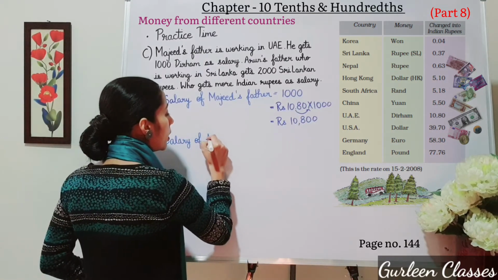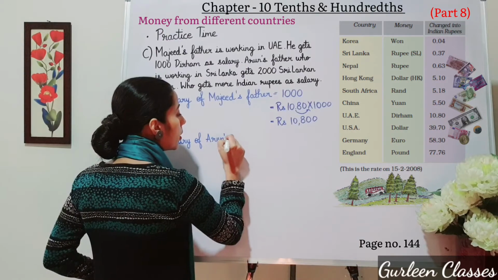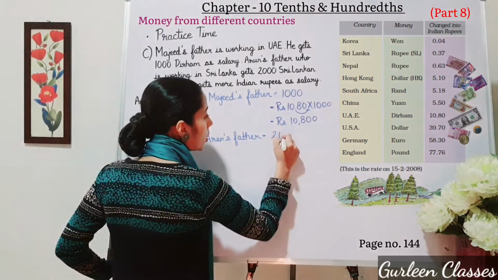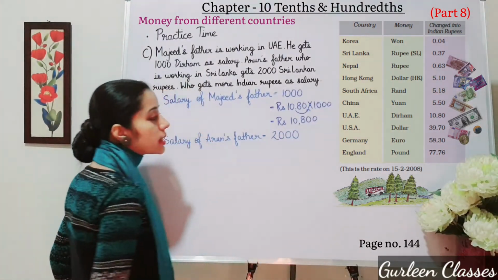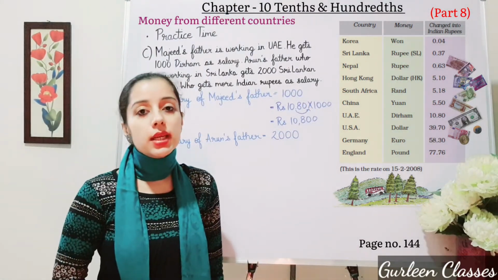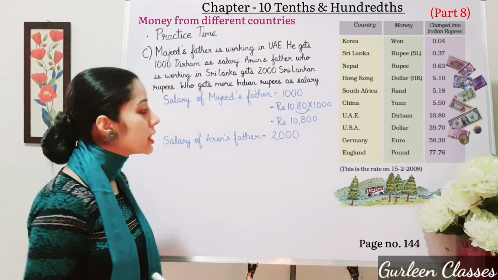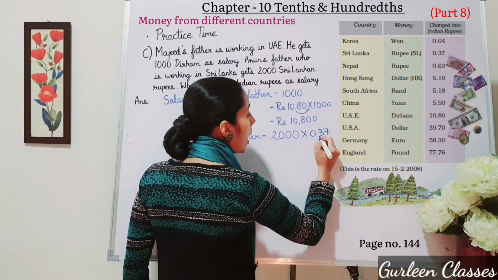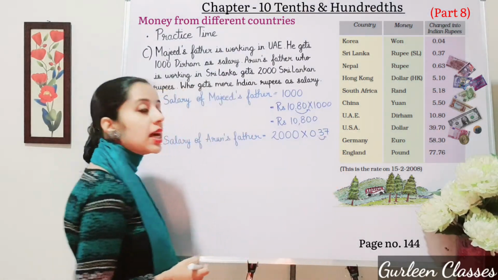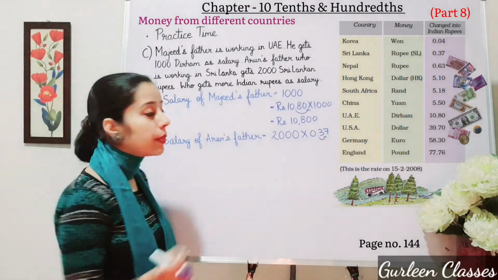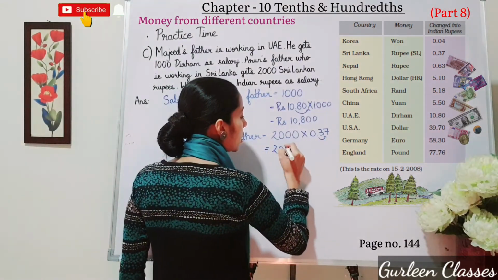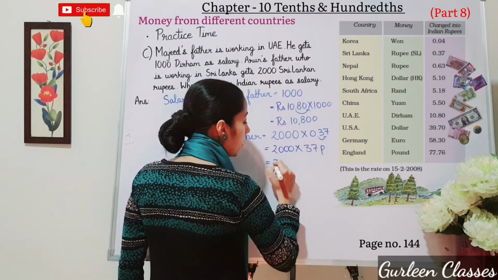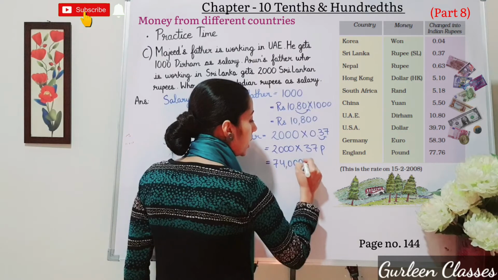Now Arun's father's salary is 2000 Sri Lankan rupees. So 1 Sri Lankan rupee is given as 0.37. After the decimal, right hand side, it is paise, 37 paise. So we will multiply 2000 by 37 paise. That is 74,000 paise.